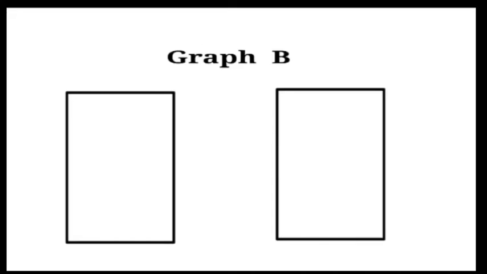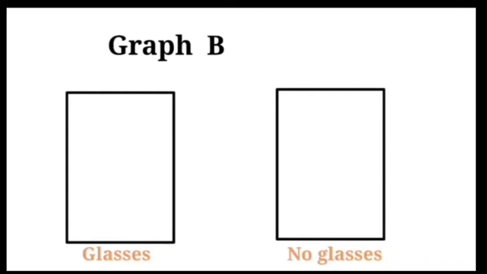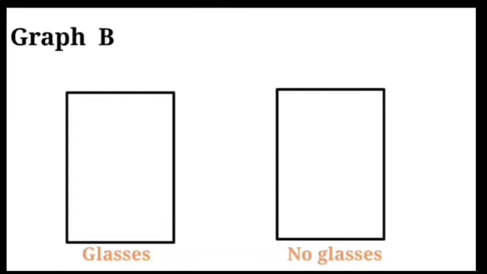Now this is Graph B. Before we took the scale 1, now in this Graph B, scale 2. Here also information glasses and no glasses. Graph B, here the scale equals 2.